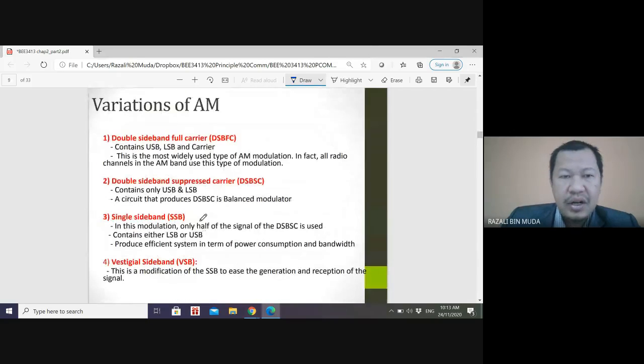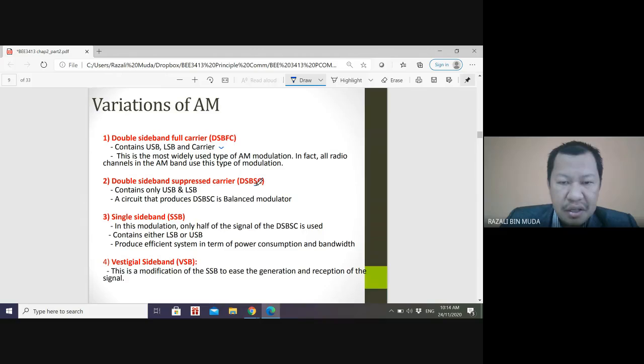So there are various forms of AM. First is double sideband full carrier, which contains upper sideband, lower sideband, and carrier. This is the most widely used AM modulation. In fact, all radio channels in the AM bands use this type of modulation. Second is double sideband suppressed carrier.